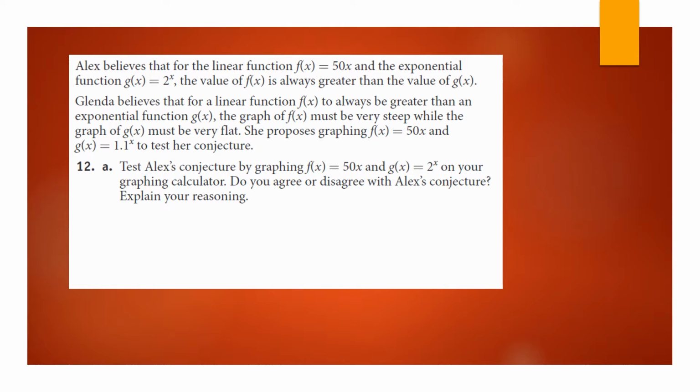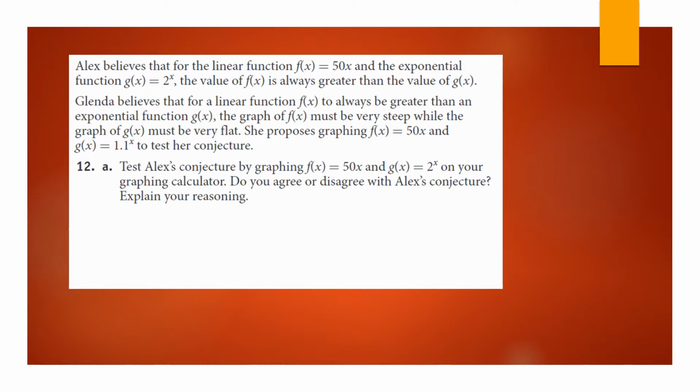All right, so we have a little disagreement here. Alex believes that for the linear function f of x equals 50x and the exponential function g of x equals 2 to the x power, the value of the f function is always greater than the value of the g function.